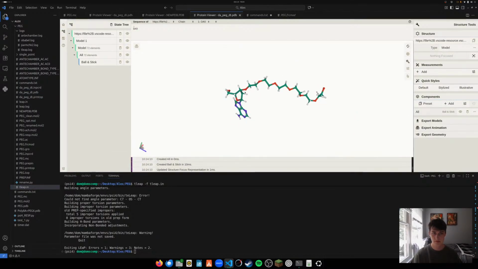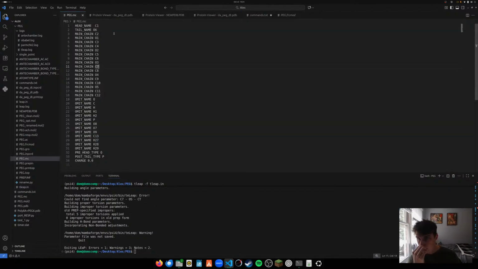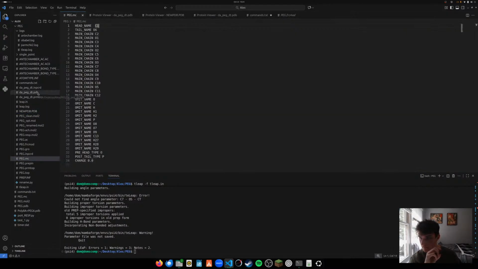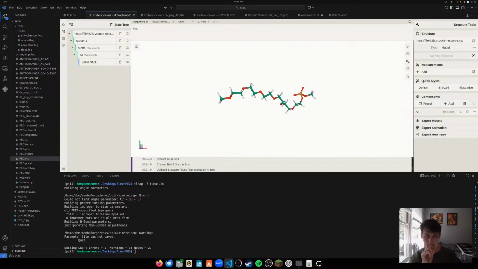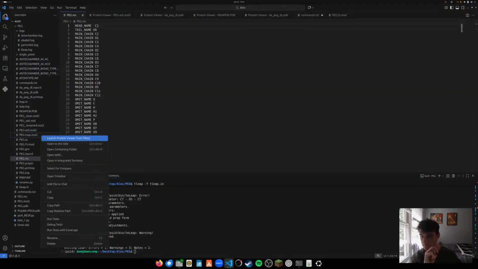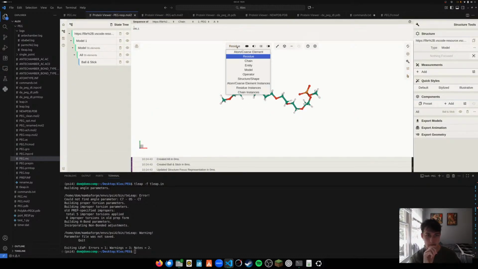So it messes up this connection. So how about instead of the head being C1, it'll be O.